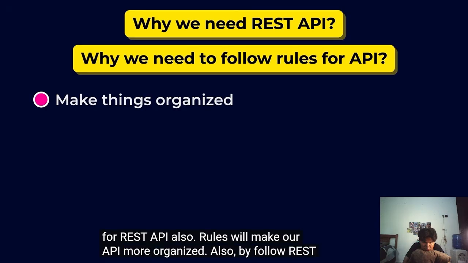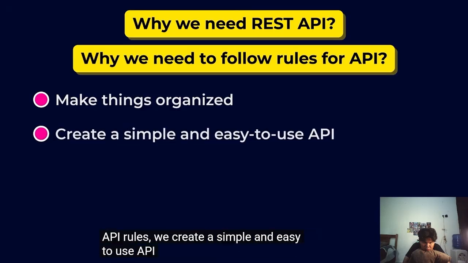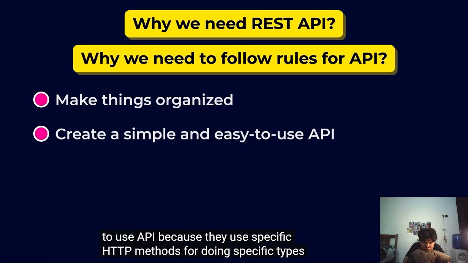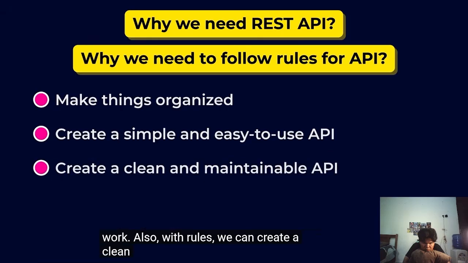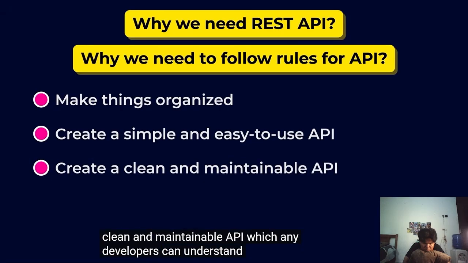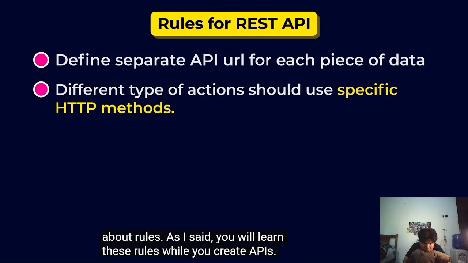Also, by following REST API rules, we create a simple and easy to use API because they use specific HTTP methods for doing specific types of work. Also, with rules, we can create a clean and maintainable API which any developer can understand and start working on. For now, don't worry about rules. As I said, you will learn these rules while you create APIs.